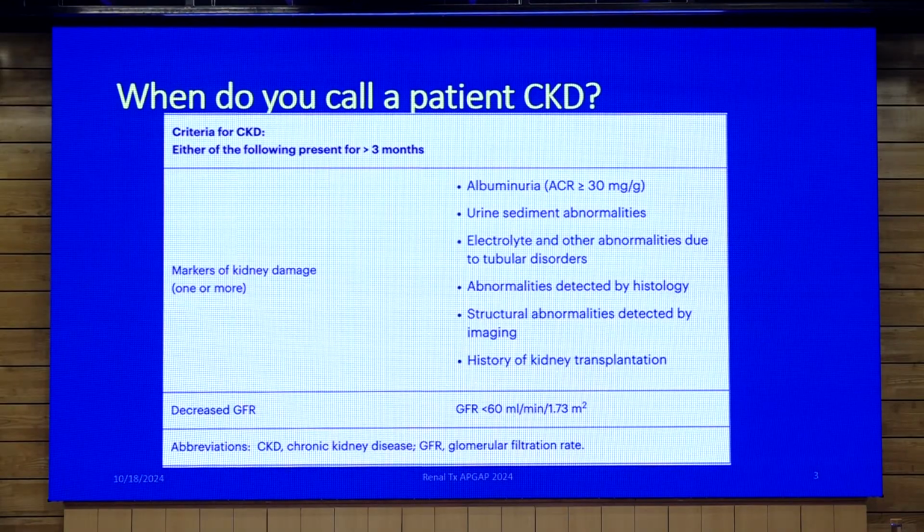You have to have some pathological changes in the kidney to suggest a CKD. You should have albuminuria, urine sediment abnormalities, something that will tell you that the renal tubules are dysfunctional, or an imaging finding. Sometimes when you look at an ultrasound, they'll say loss of corticomedullary differentiation, right? Those are telltale signs that there's CKD. I do not have a CKD even if my GFR is 75.